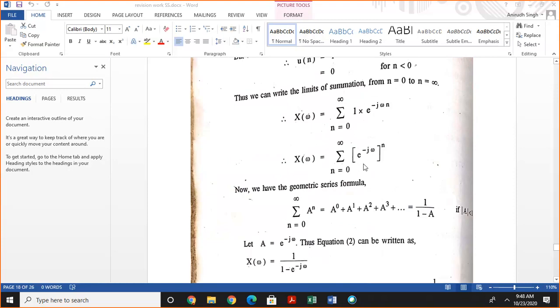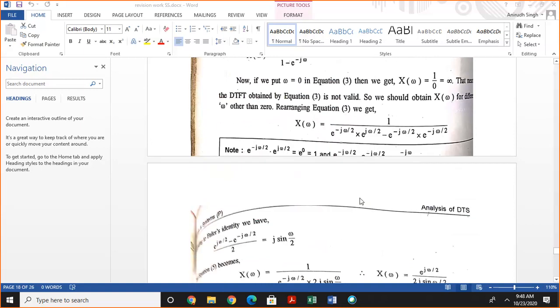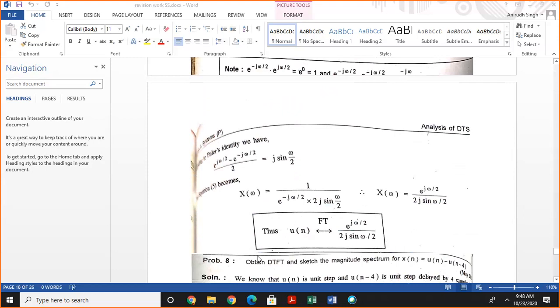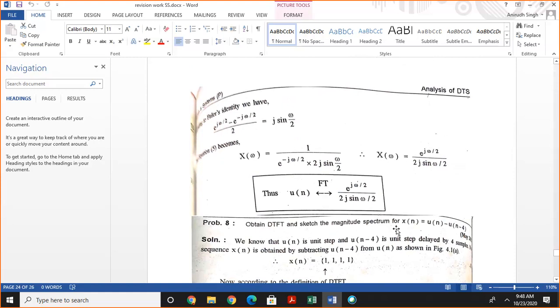You can obtain the DTFT of the unit step u of n. According to the definition, we substitute x of n equal to u of n, and we know that u of n is 1 when n is greater than or equal to 0, and it is equal to 0 for negative values of n. Thus we can write the summation from n equal to 0 to n equal to infinity, where the value of u of n is 1, times exponential minus j omega n.